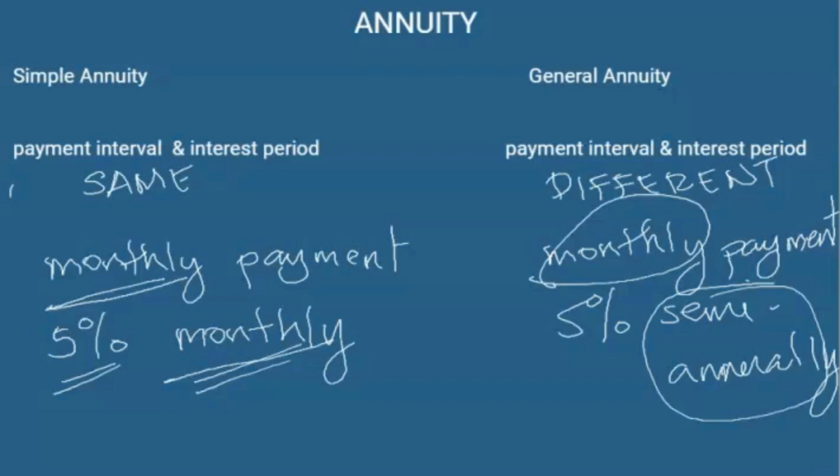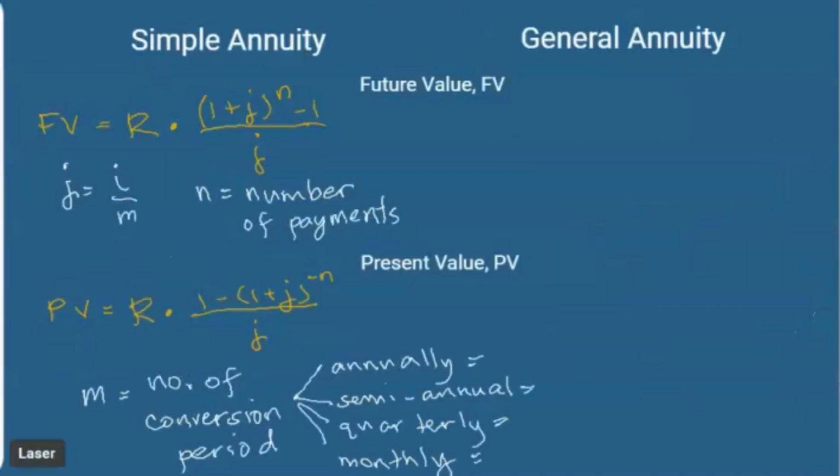So let's solve some problems. Before we do that, let's write down the formulas that we're going to use. We have the future value and present value formulas. For future value, FV is equal to R times (1 plus j) raised to the nth power minus 1, all over j.